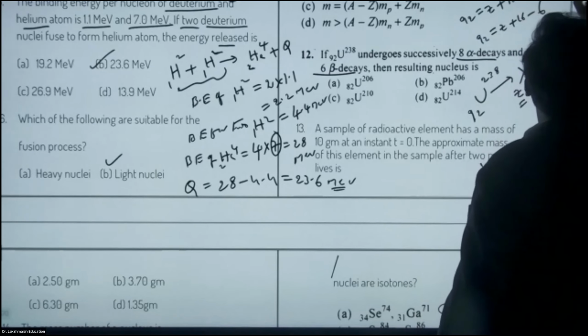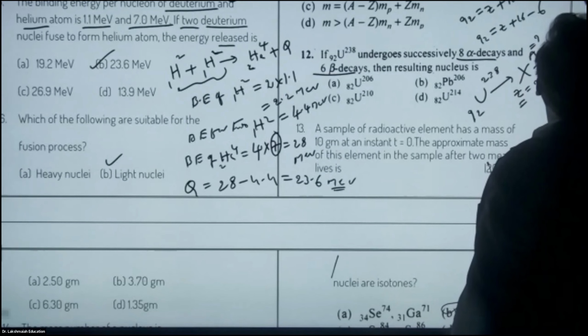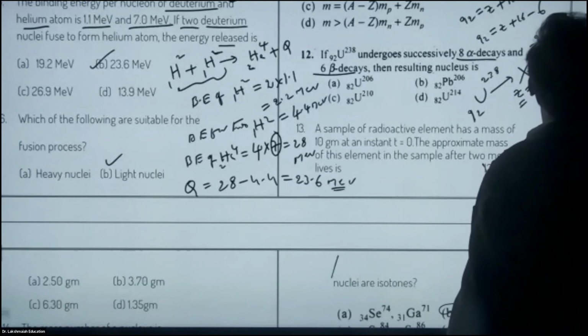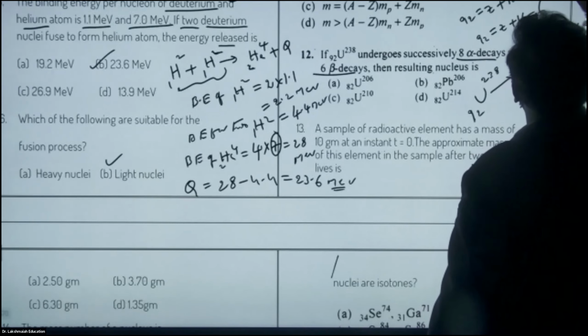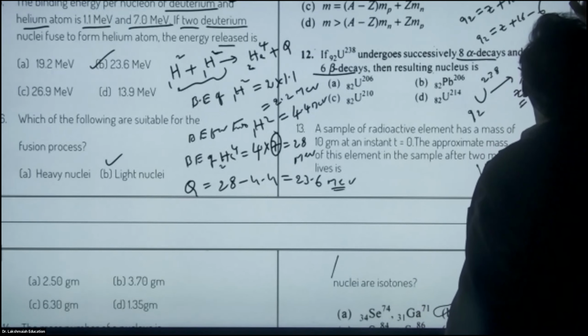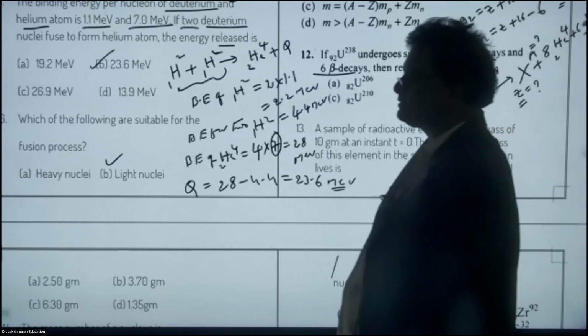And for this, A plus 4 into 8 plus 0 is equal to 238. I can find A. We find it.